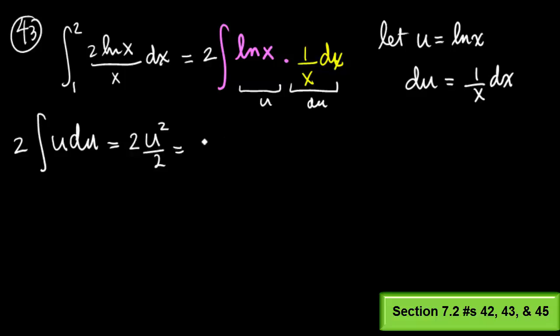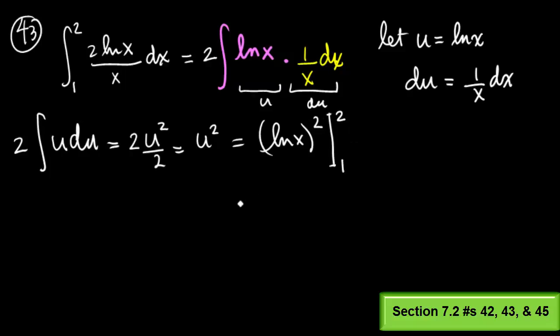So that becomes u squared, and then rewrite it back into what u was. So u was the natural log of x, squared. Now I can plug in the limits of integration, from 1 up to 2.